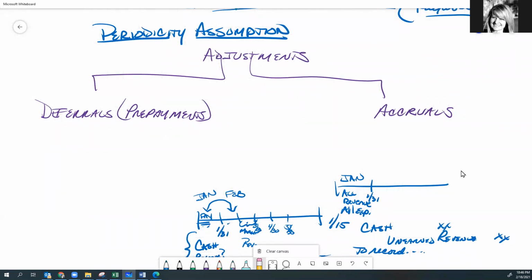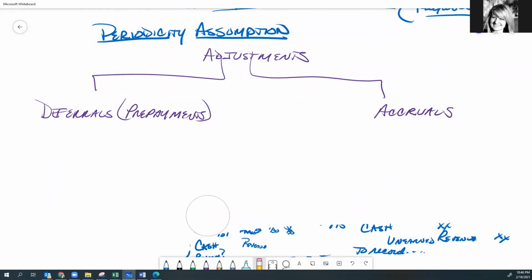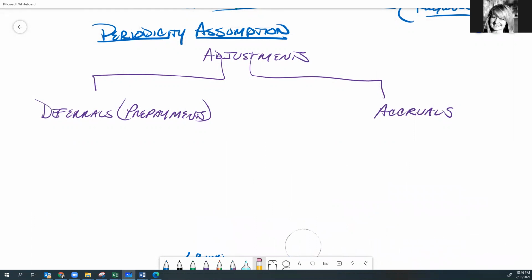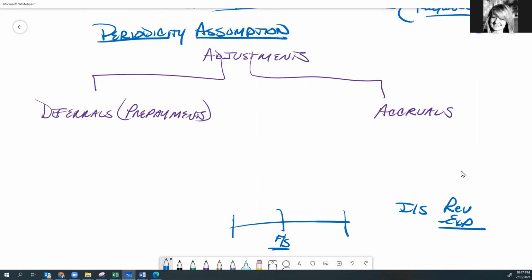I'm going to erase this here a minute. All month long. And now all of a sudden, we have to issue financial statements at the end of the month, and we need to make sure that on our income statement, it includes all of the revenue and all of the expenses for this month.